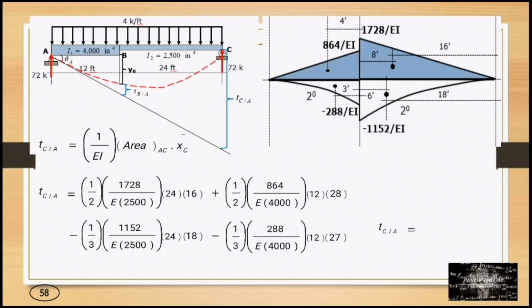So TCA is equal to 94.8672 over E. Okay?